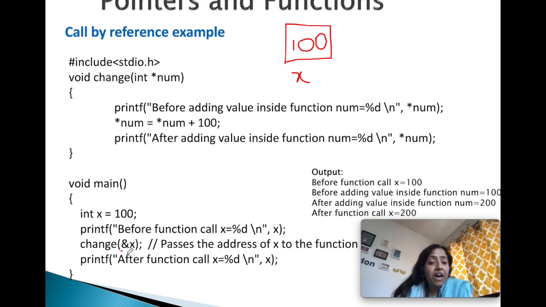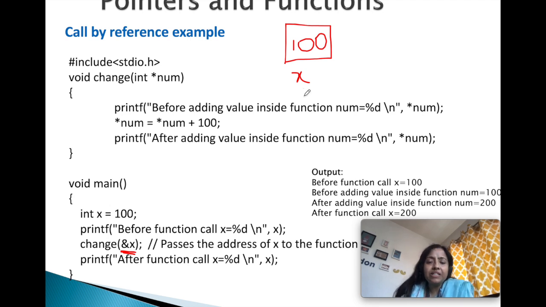What did we pass inside the function change? The address of x. I am giving a hypothetical address here. Normally the addresses where variables are stored in C are hexadecimal numbers.